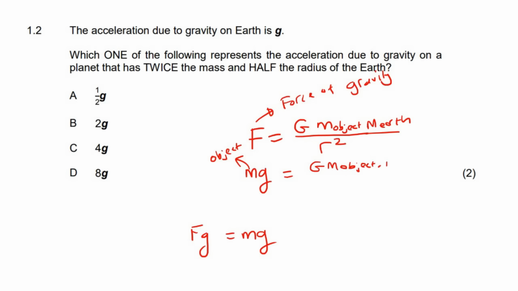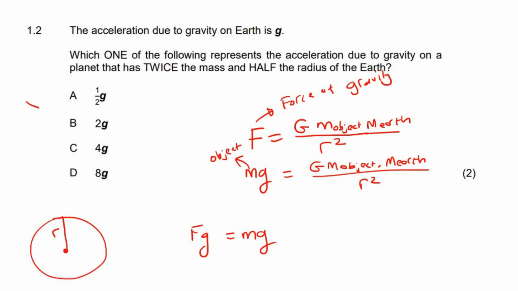Object and Earth. And then when they're just talking about the radius of the Earth and acceleration due to gravity on Earth, it means that you have a planet where the distance between the center of the planet and the object is also going to be the radius of the planet, because you see how it is.